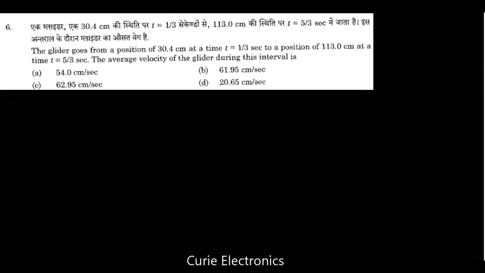The glider goes from a position of 30.4 cm at a time t equal to 1/3 second to a position of 113 cm at a time t equal to 5/3 seconds. The average velocity of the glider during this interval is... So we have to find the average velocity.